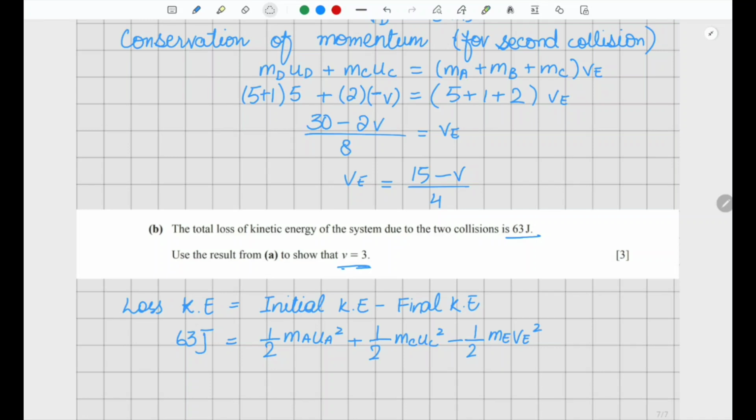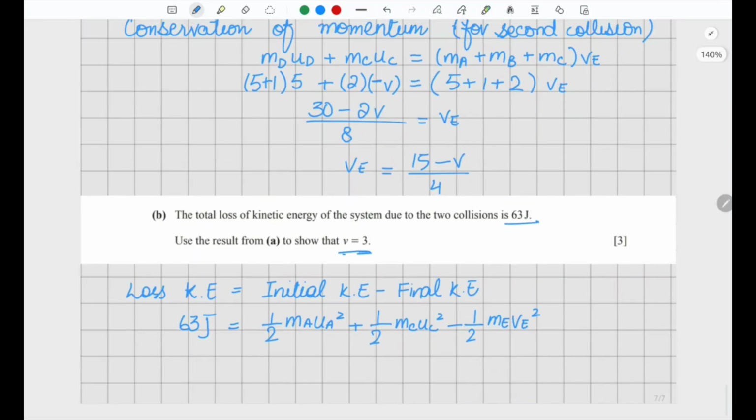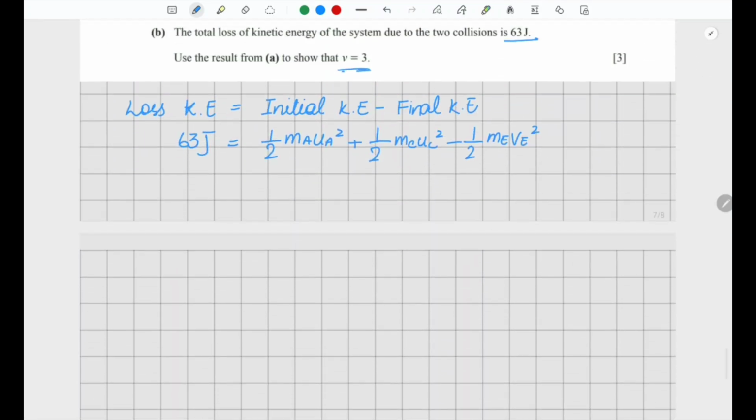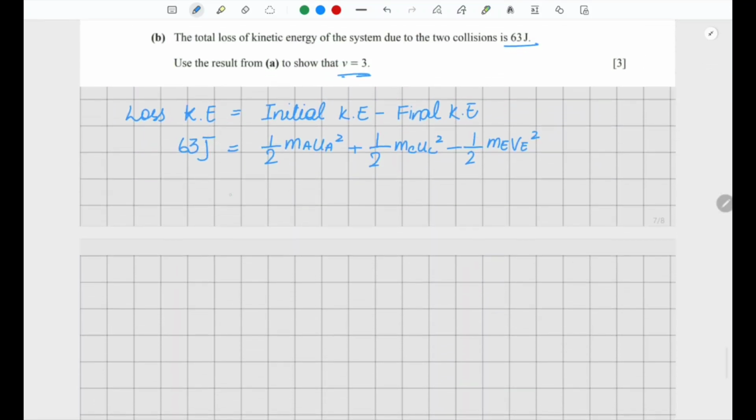So it will give you the initial kinetic energy of particle A is, mass A is 5 and initial speed is 6 square, plus half mass of C is 2 kg and its velocity is minus v, square, minus half.